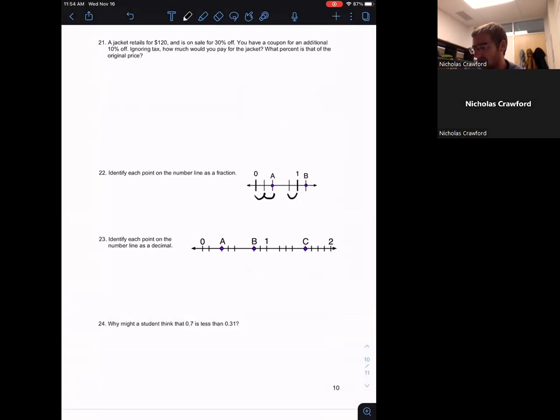There seems to be a dash missing there. So I'm going to say there's 1, 2, 3, 4, 5 spaces between 0 and 1. So I know my denominator is going to be 5. And A is at the second dash. So A is 2/5.